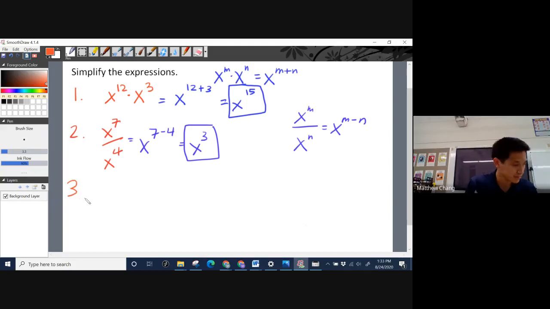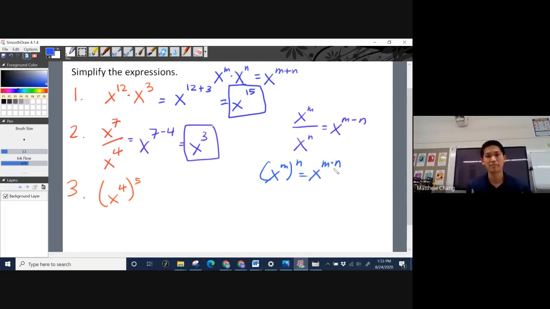Third one. x to the 4th power raised to the 5th power. This one uses the rule x raised to the m, raised to the n, and that's the same thing as x raised to the m times n.